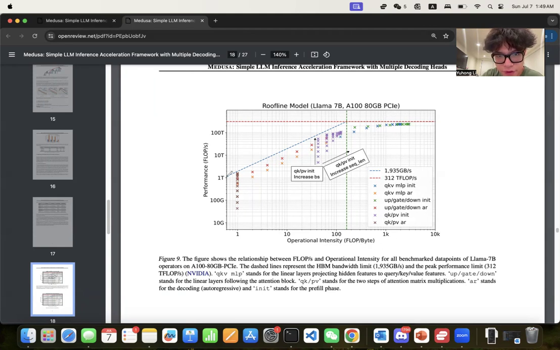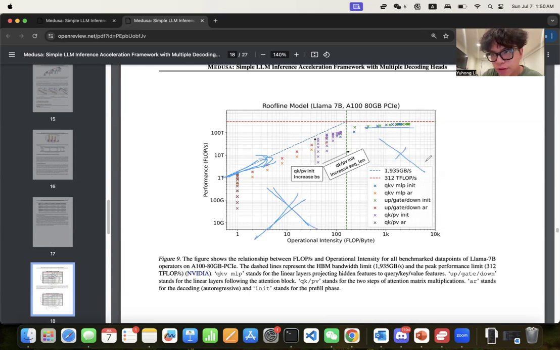So this curve is the ratio of this one divided by this one, and this is the memory bandwidth. Things under this part are memory bound, and things that go to this part are compute bound.